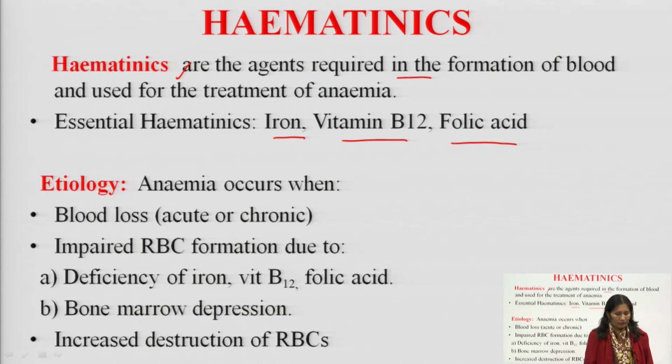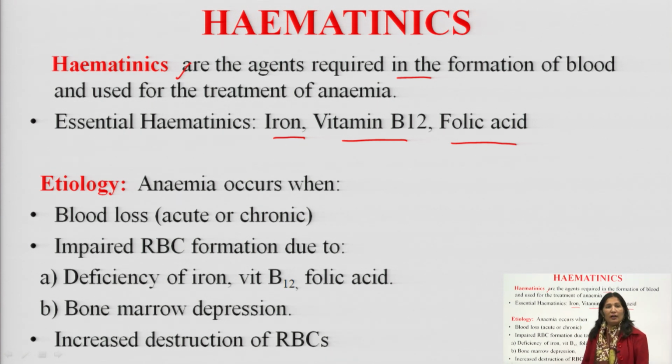Now, what is anemia? Anemia is the condition in which the number of red blood cells and their oxygen carrying capacity is insufficient to meet the physiological need of the body.